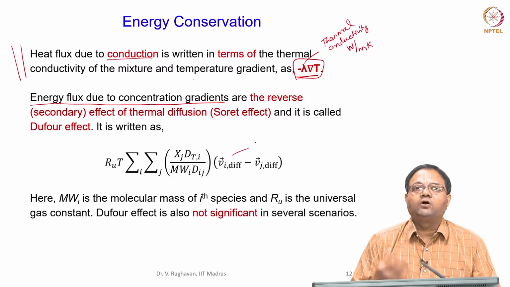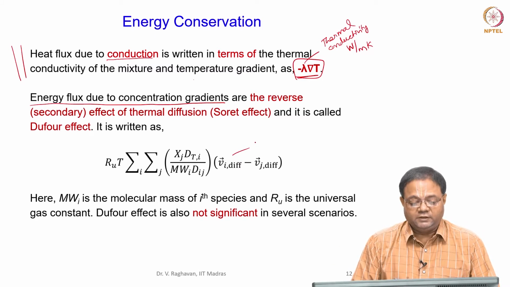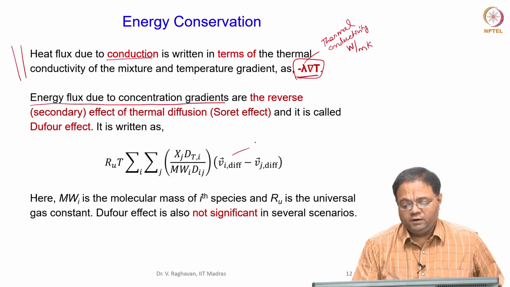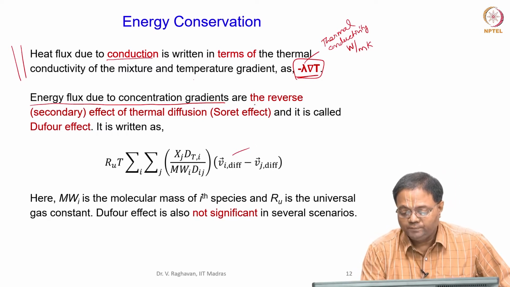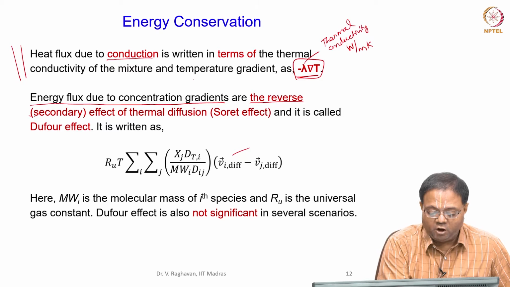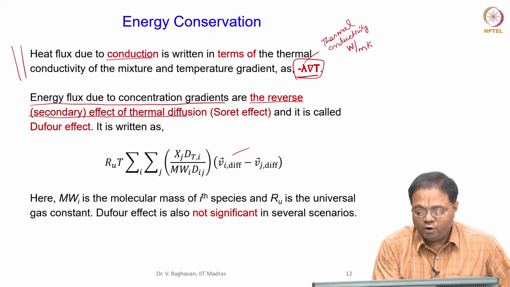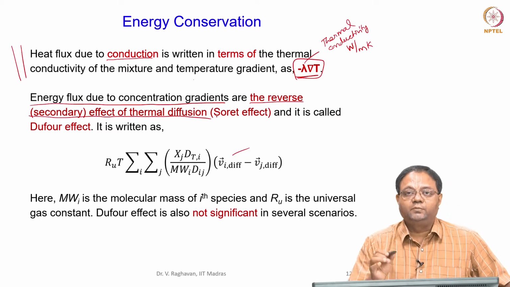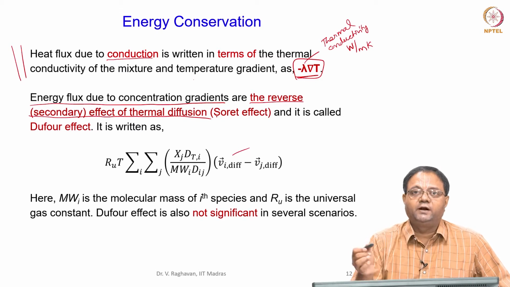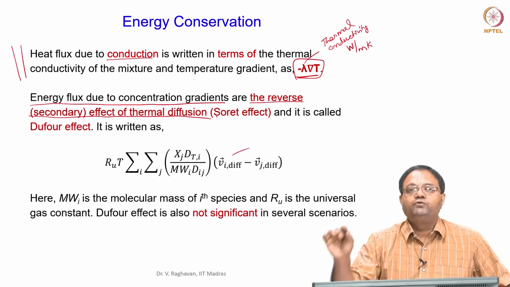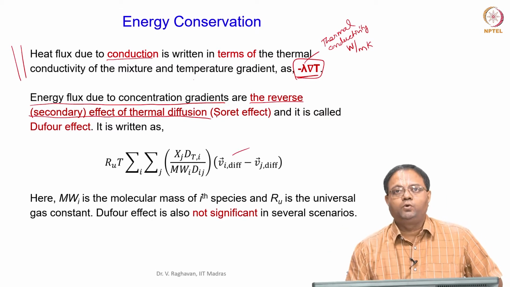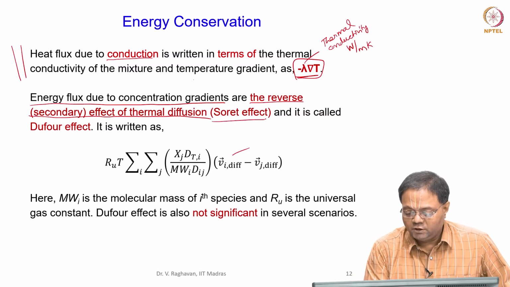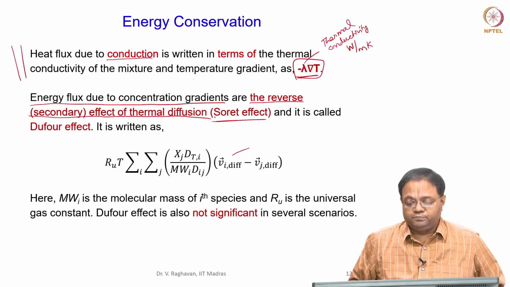That again causes some concentration gradients, that will add energy to the control volume. The secondary effect of thermal diffusion is that due to temperature gradient, there is a diffusion of species from higher temperature to lower temperature, that is termed the Soret effect.